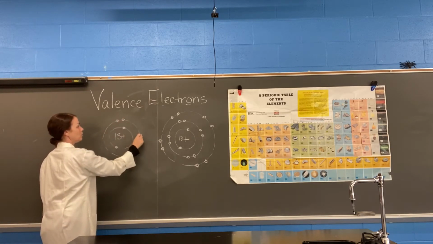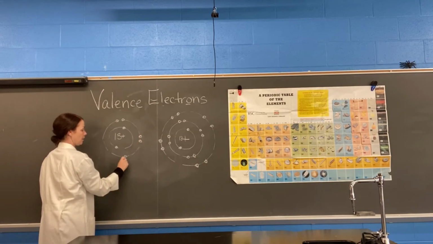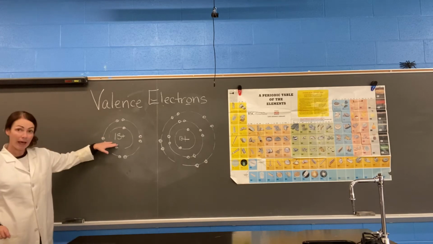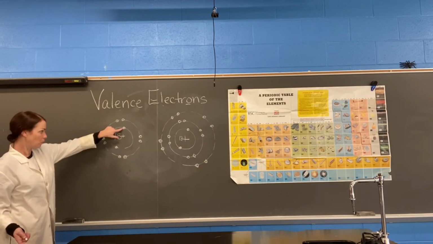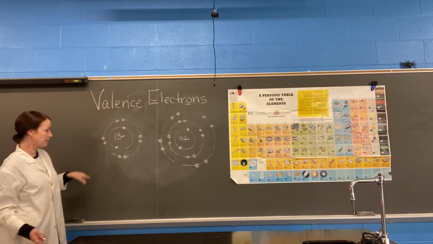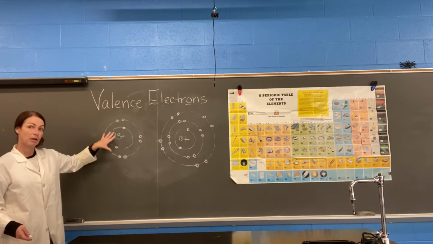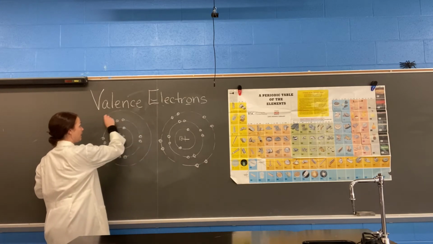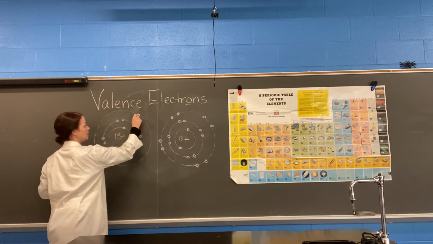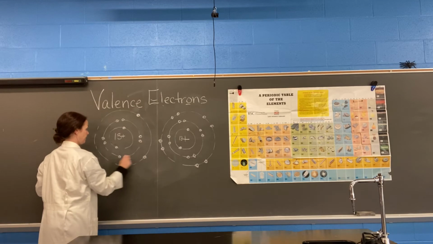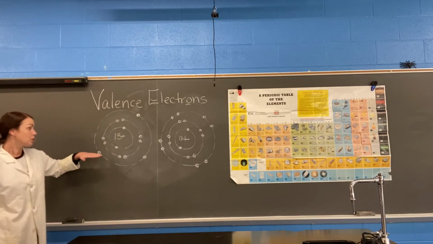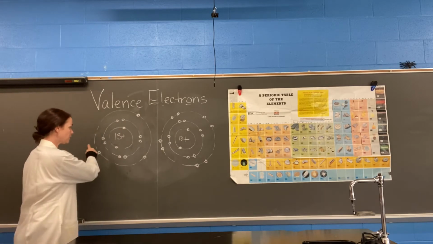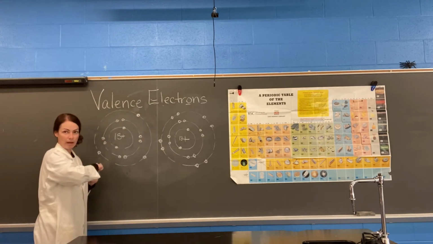And here we have 8 electrons, because it can hold up to 8, and aluminum has more than 10. 1, 2, 3, 4, 5, 6, 7, 8, 9, 10. So now we have 10 electrons on our model of aluminum. But we have 3 more electrons. So aluminum has 3 valence electrons, or 3 electrons in its outermost energy level.